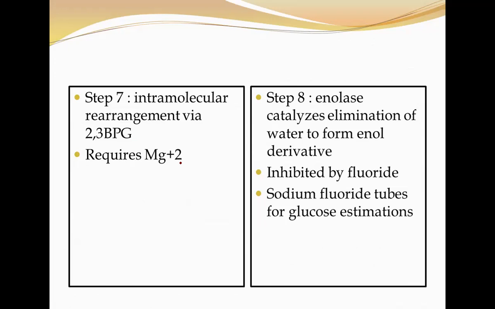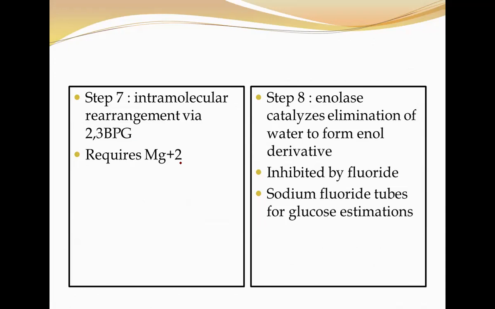Hence, when in the lab I want to do a blood glucose estimation and it is going to be delayed, then I will collect the blood of my patient in sodium fluoride tubes. The reason is I don't want all of my glucose to be utilized by the RBCs, leukocytes, WBCs, all the cells present in the blood. And ultimately, when I estimate, I should not get a very low glucose value.